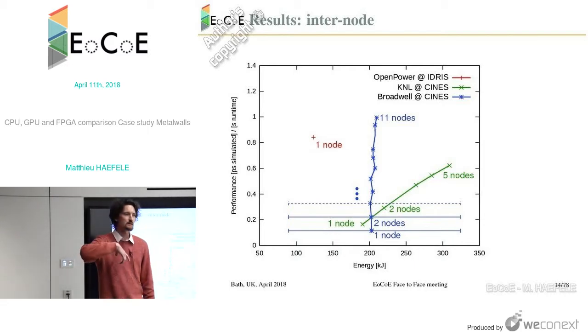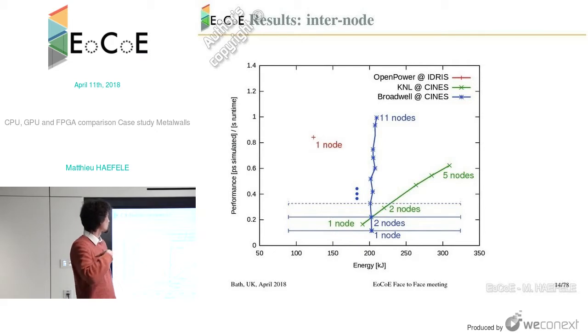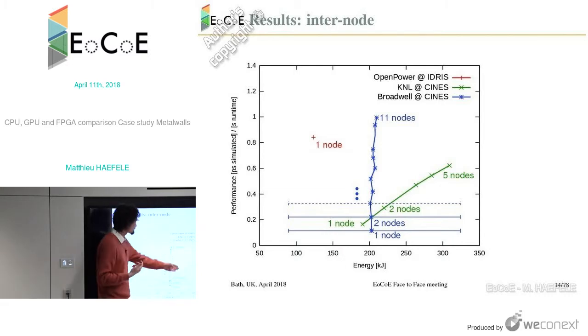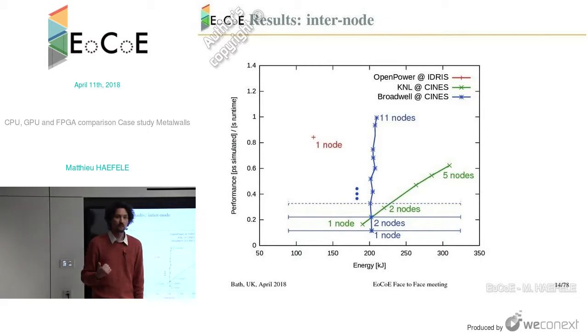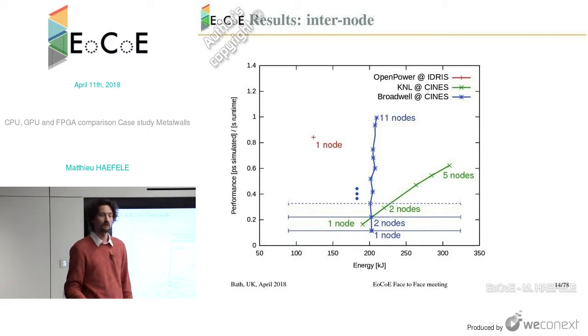And then I made the experiment up to the maximum of efficiency. As soon as efficiency is below 75%, I stopped. That happens at 5 nodes on KNL, 11 nodes on Broadwell, and above 1 node on OpenPower, then efficiency drops below 75%.